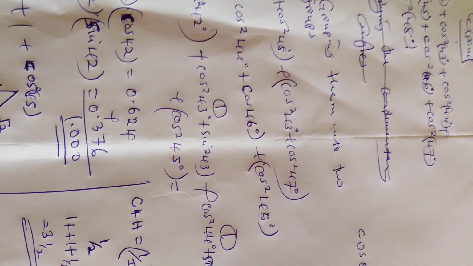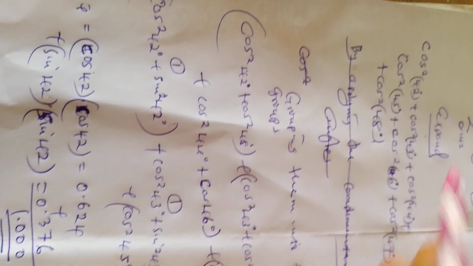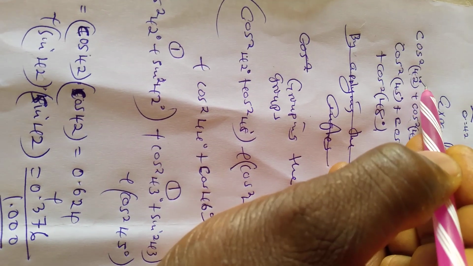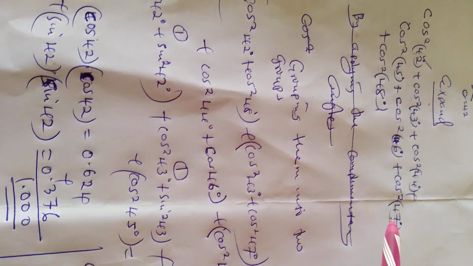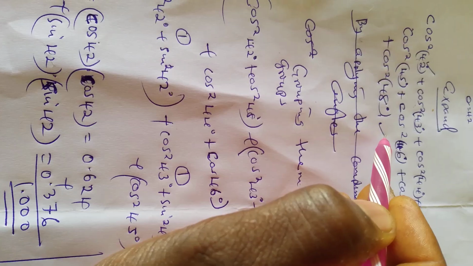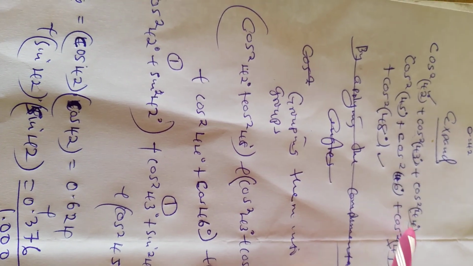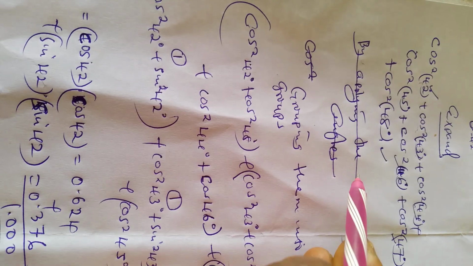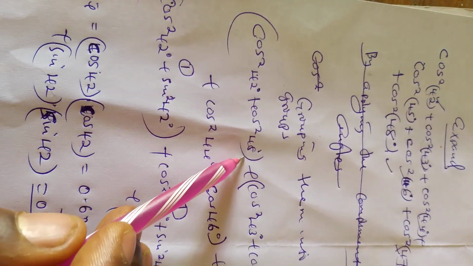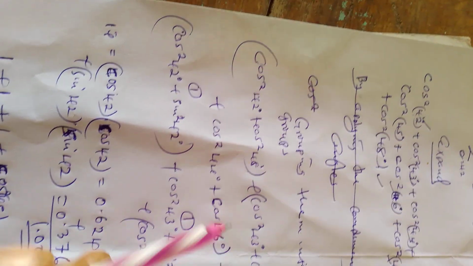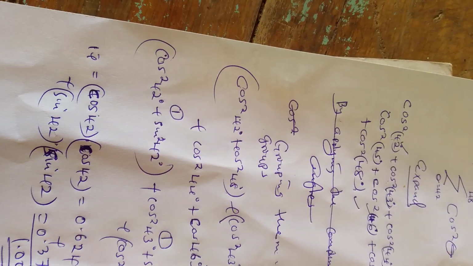So these are angles that add up to 90. In this case, you can take 42 and 48; when you add, it gives you 90. We have 43 and 47, and we have 44 and 46. When you group them, you will have this. Now they are in a group of 4.